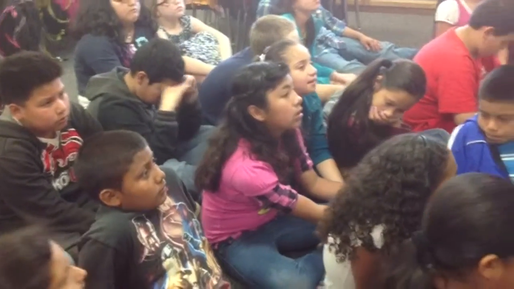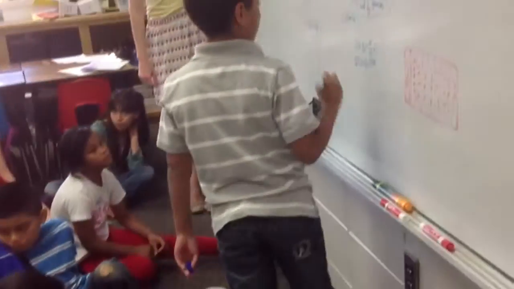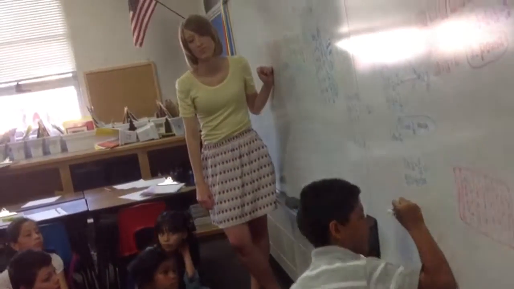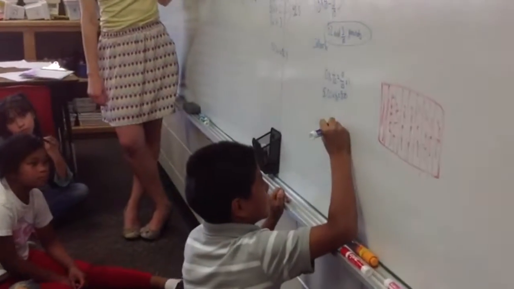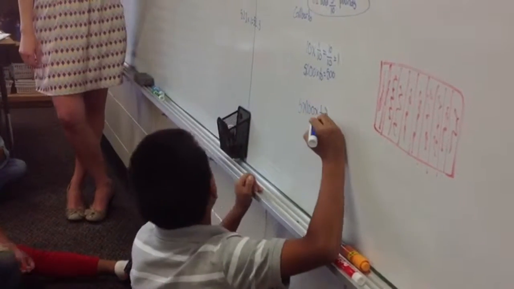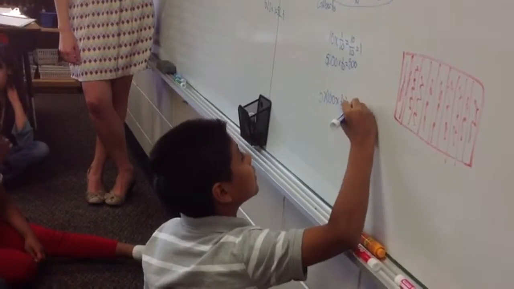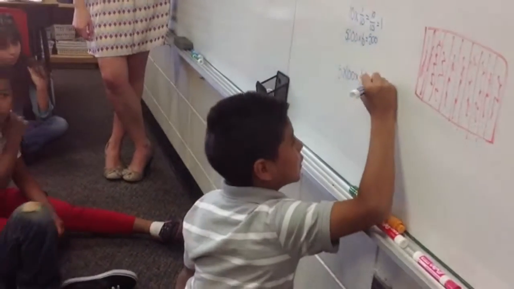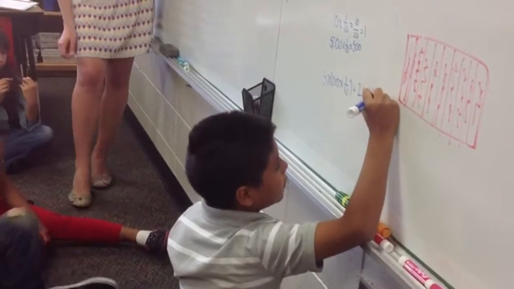If my numbers were broken up, that'd be probably like 5 times 100 times 1/10. Oh, if you were doing just your 100s? Yeah. And then plus 2 times 10 times 1/10.